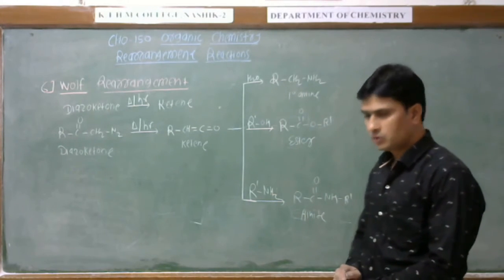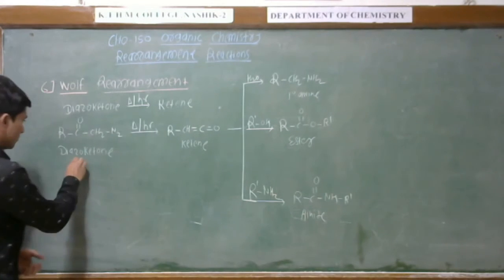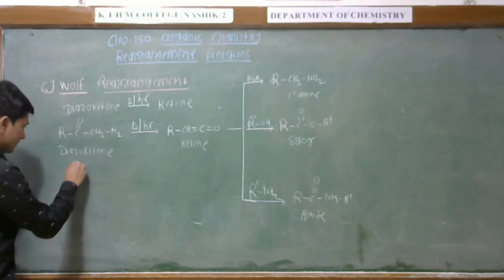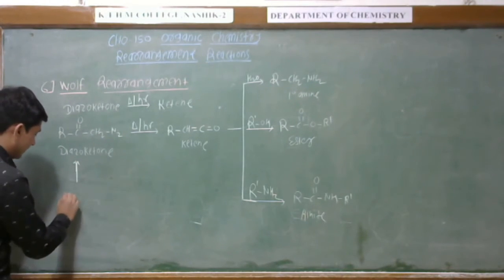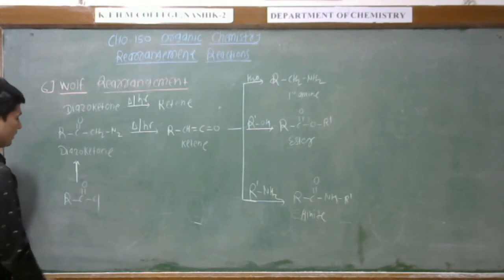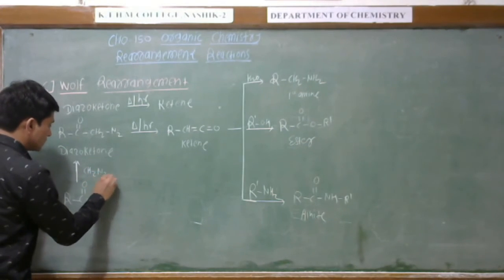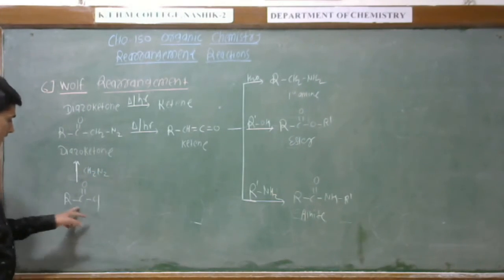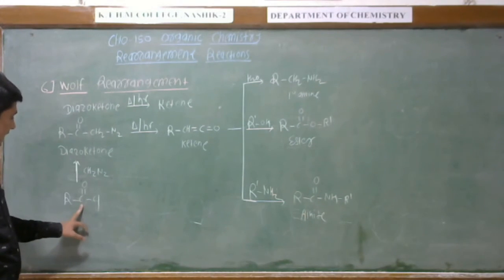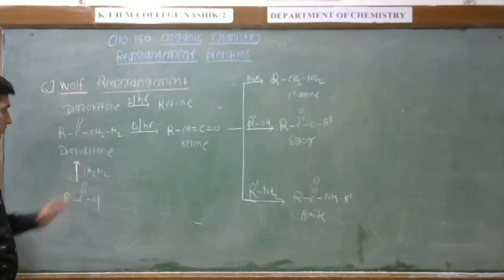Now see how diazoketone compounds are formed. Diazoketone compounds are formed from the acyl halides, RC double bond OCl. When these acyl halides react with diazomethane, they are converted into the diazoketone.